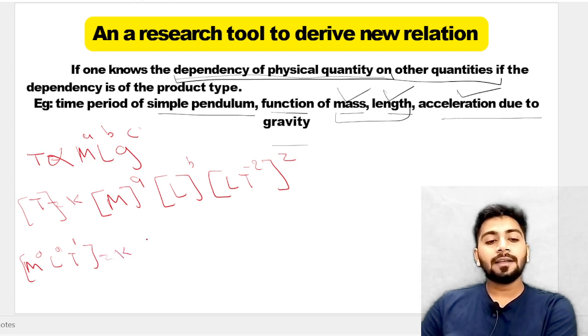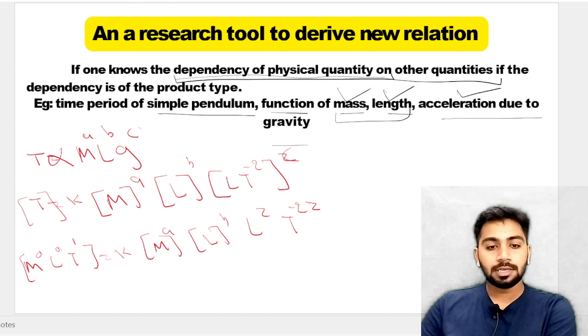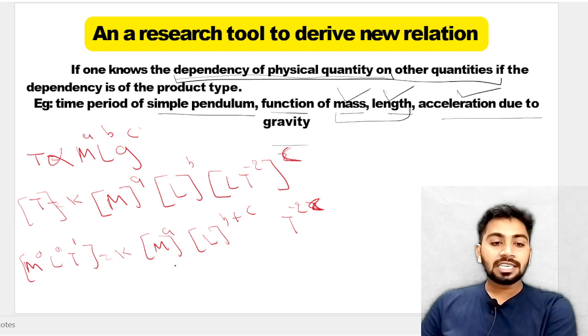On this side M is equal to A, L is equal to B plus C, and T to the power of minus 2C, so that you can add both. Now compare both sides.